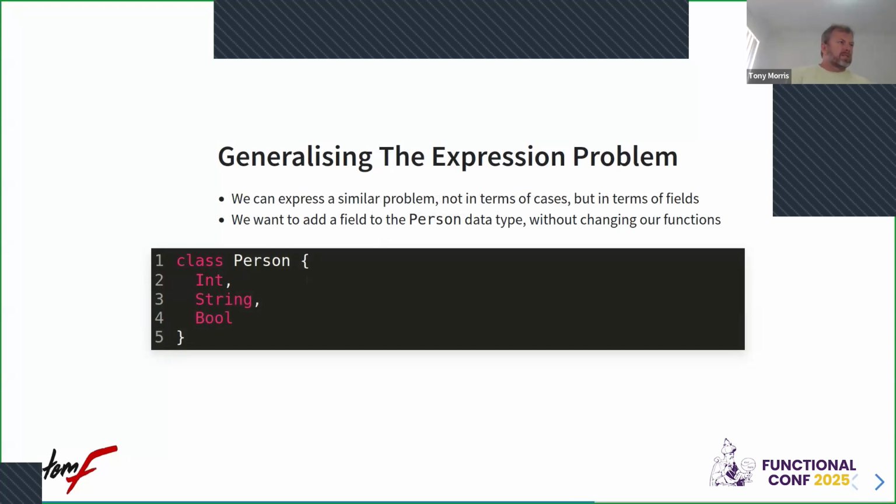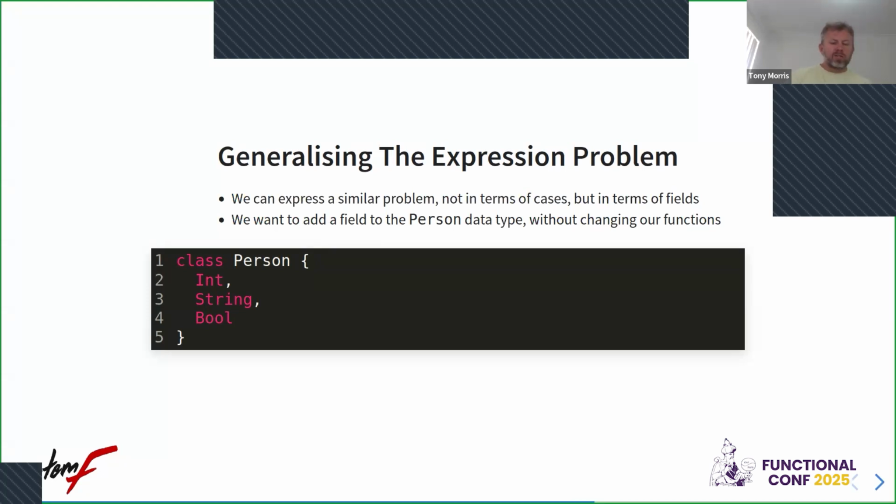And similar to the previous example, although we're not defined in terms of cases, we now want to add not a case, but a field. We want to add a field to our data type, and we don't want our functions to change. That is, functions that use the person data type.